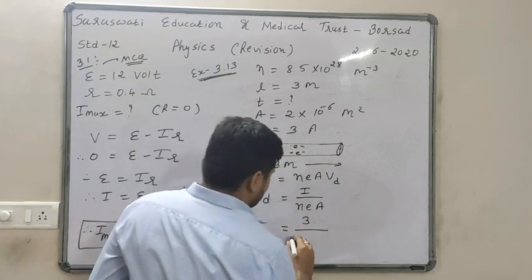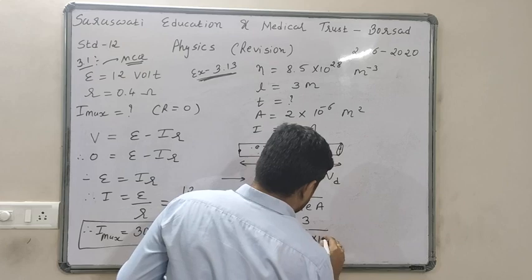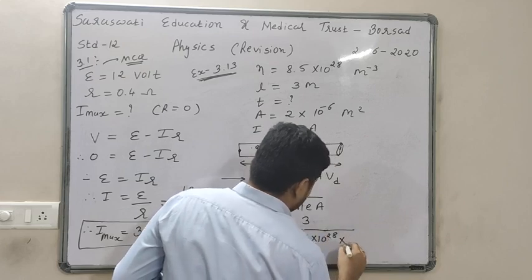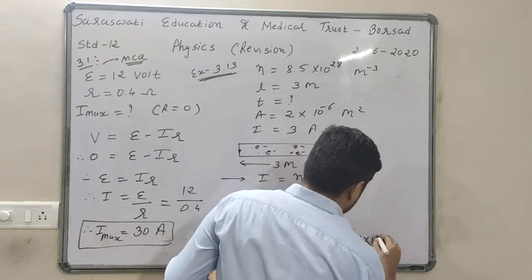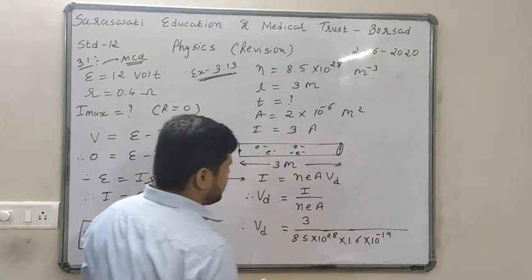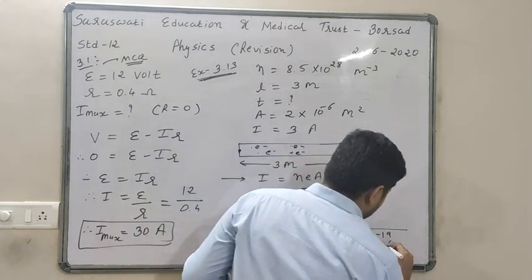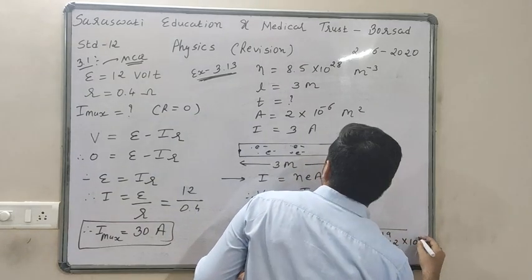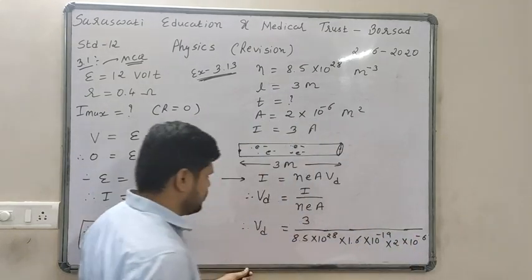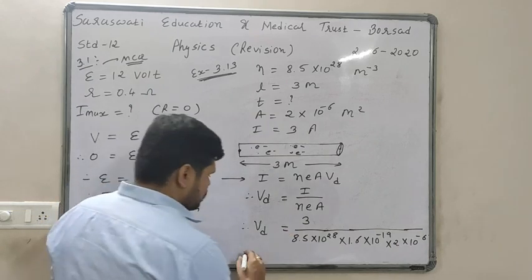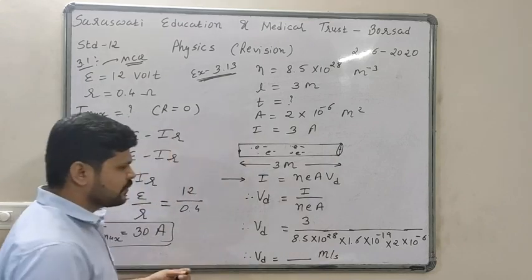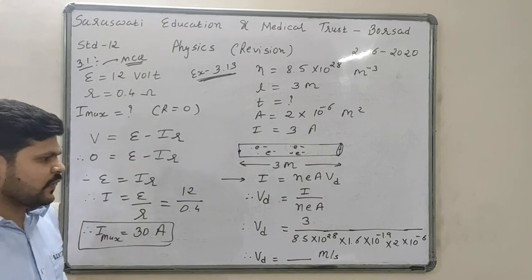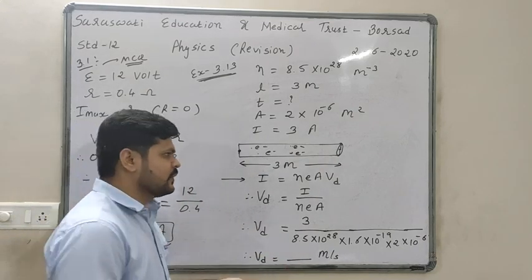N is 8.5 into 10 raised to 28, into the value of e, which is 1.6 into 10 raised to minus 19, and the value of A is 2 into 10 raised to minus 6. Okay, so you can solve it and first find out the drift velocity in meter per second.